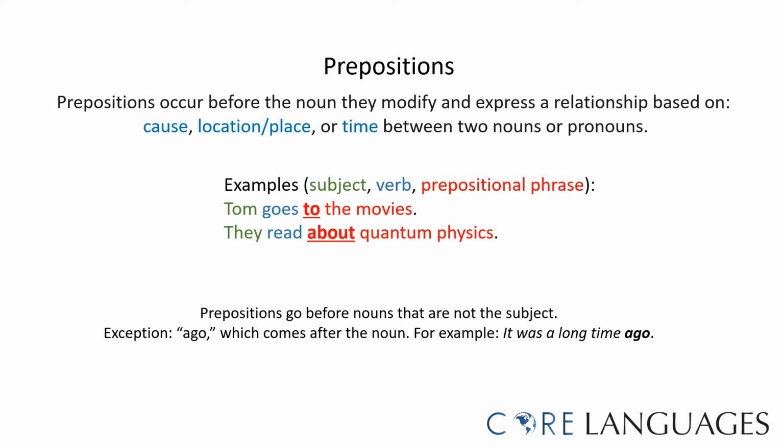About quantum physics is the prepositional phrase, and about shows the relationship between they and quantum physics. Their house is across the street. Across the street is the prepositional phrase, and the preposition across shows the relationship between their house and the street.